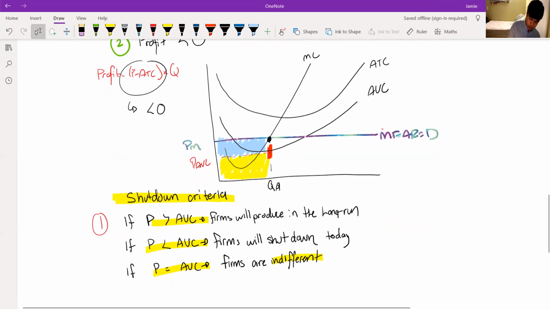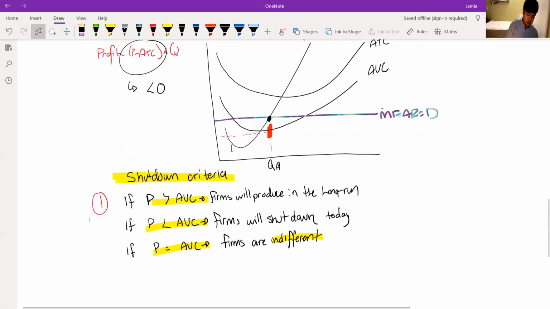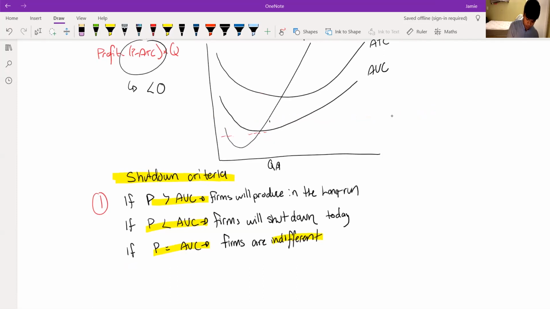If you would like a separate video on this, hit me up and I'll make another video on shutdown criteria. So why don't we illustrate scenario 2, right? Shut her down, boys. All right.